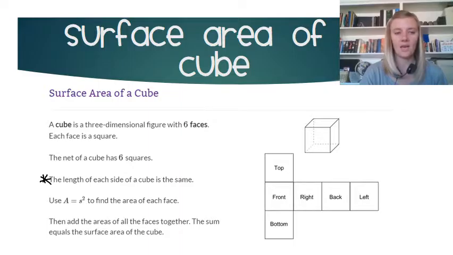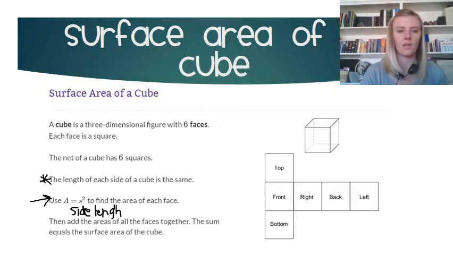So to find the area of one of your squares, all you have to do is use this formula right here: area equals S squared, where S means side length.